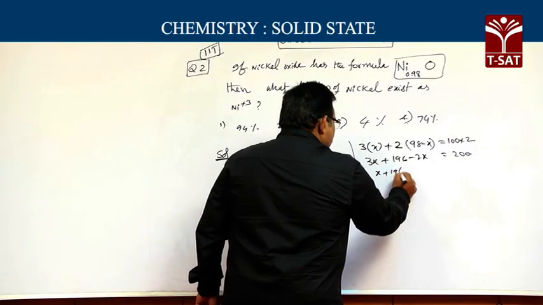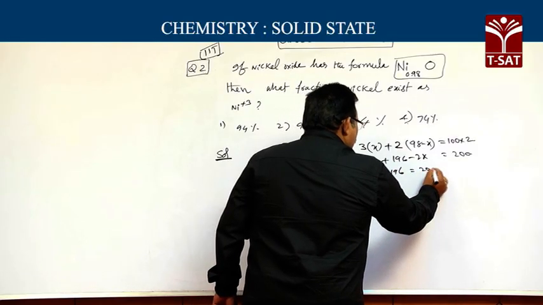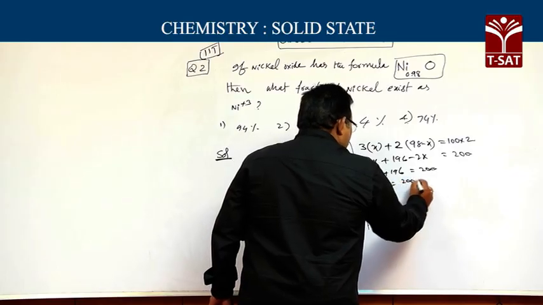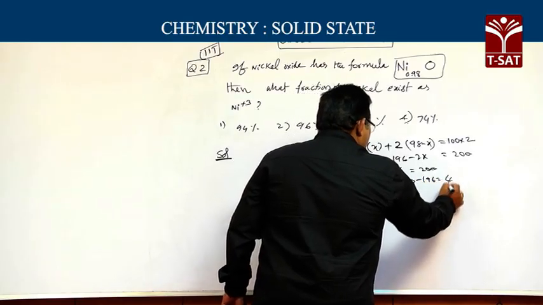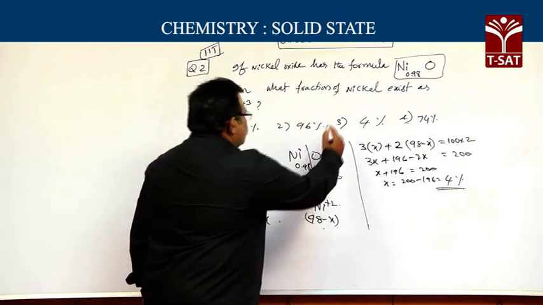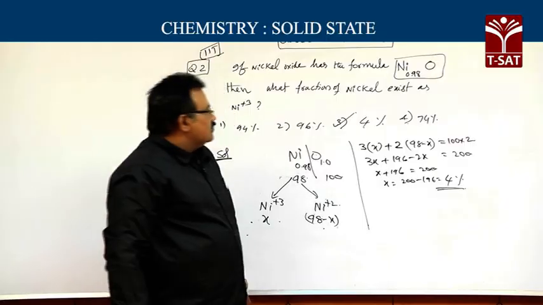X plus 196 is equal to 200. X is equal to 200 minus 196, that is 4%. So, the answer is the third option.